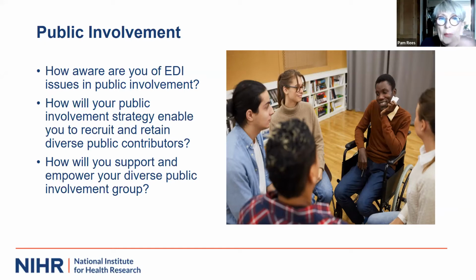You'll also need to consider things like the strengths and weaknesses of different engagement methods. We have consultation, participation, collaboration, co-production, user-led, partnership working. For a lot of people, they are confusing terms.